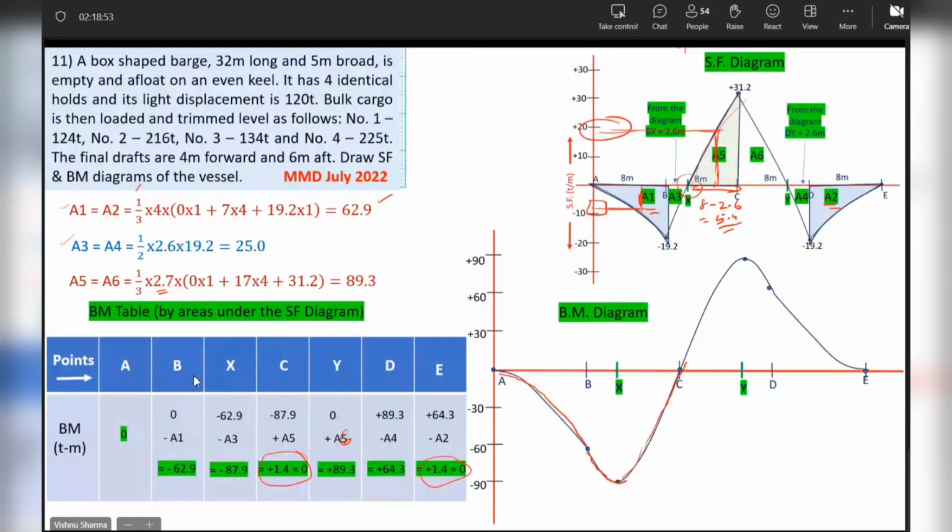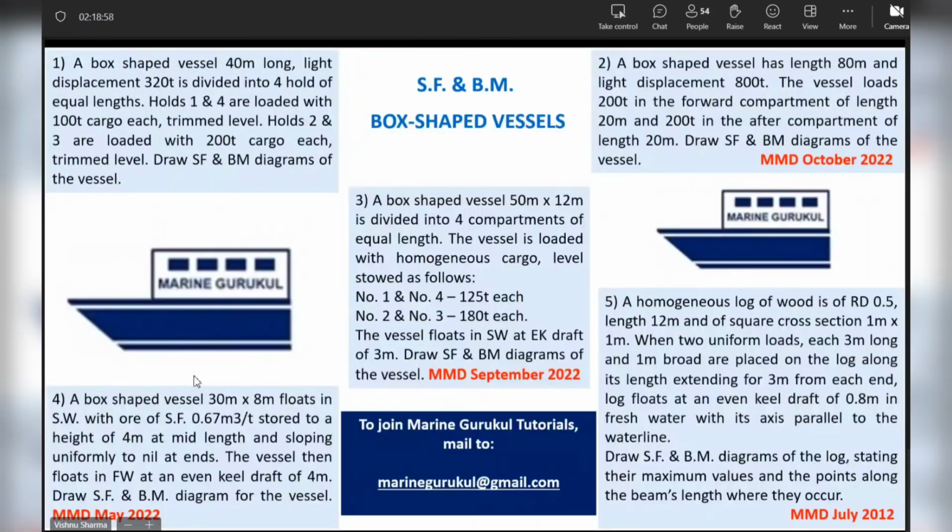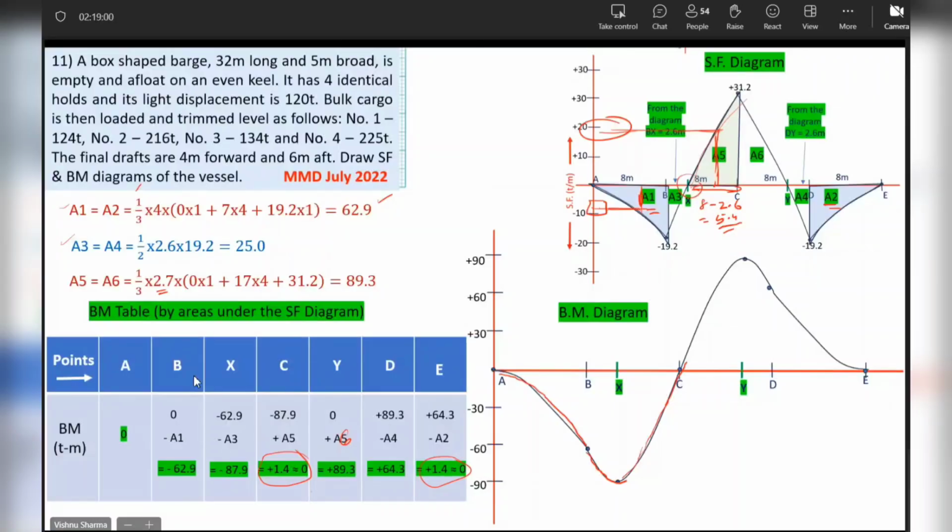And since the graph is used, your values and my values are unlikely to match, because if you are reading differently from the graph, the values would change. But the shape of the graph should not change by and large. This will be the shape of the graph. The values, of course, will change from person to person, because you are using values read off from your diagrams. So that is the limitation of this.